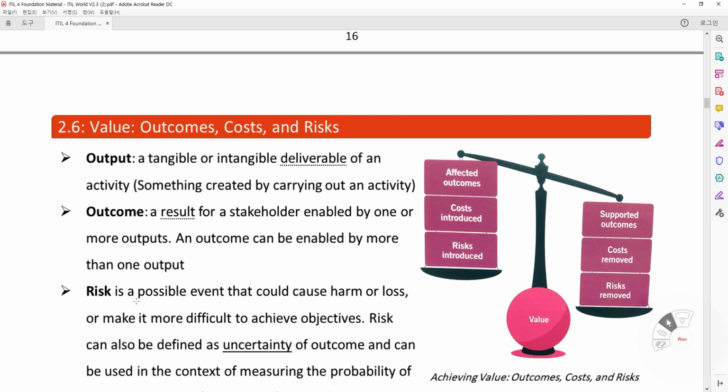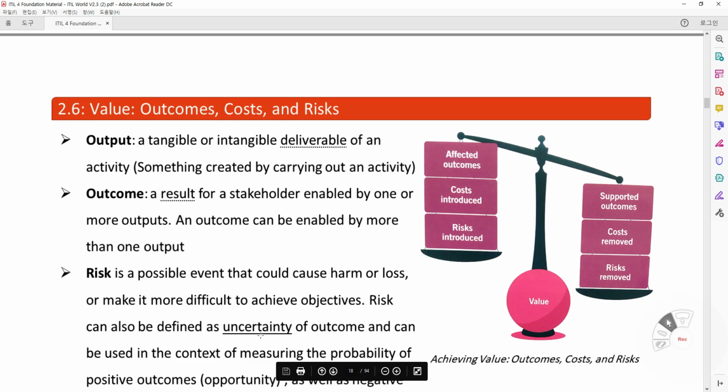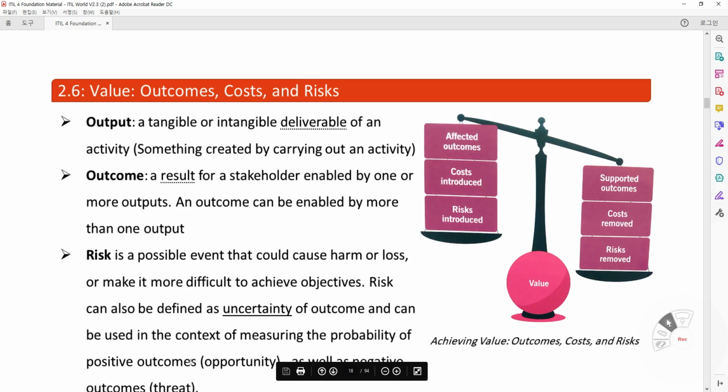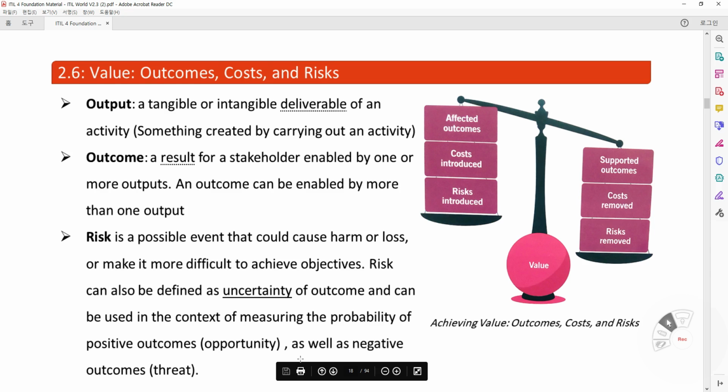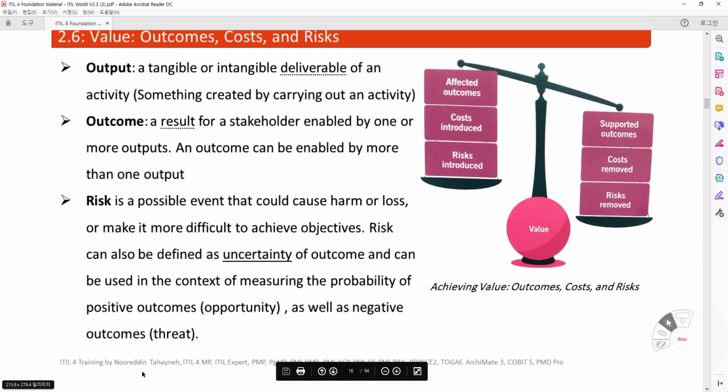Risk is a possible event that could cause harm or loss, or make it more difficult to achieve objectives. Risk can also be defined as uncertainty of outcomes, and can be used in the context of measuring the probability of positive outcomes, opportunity, as well as negative outcomes, threat.